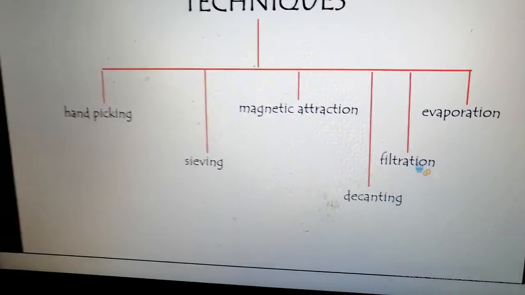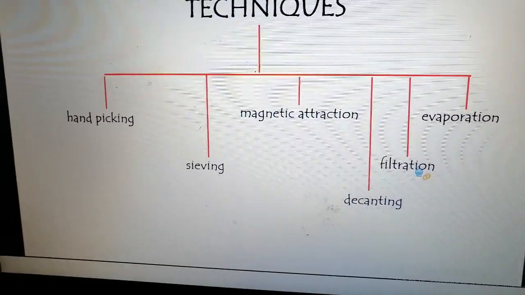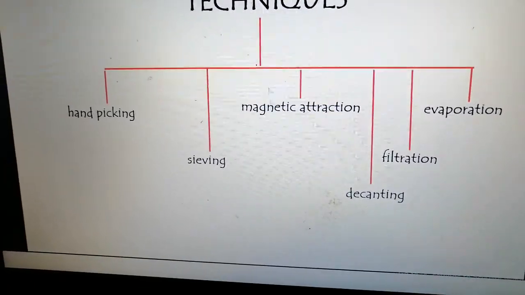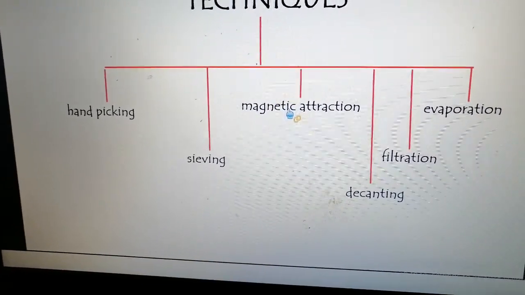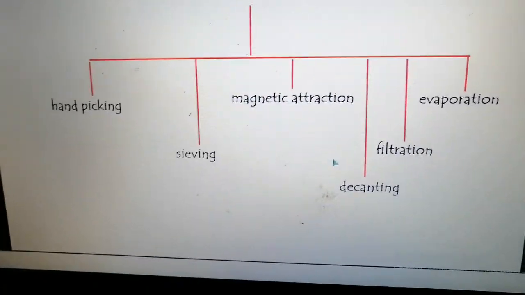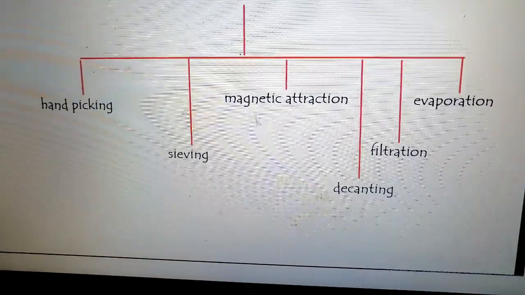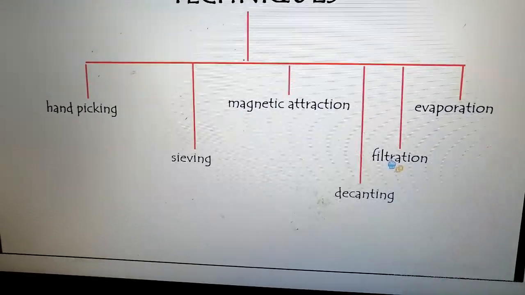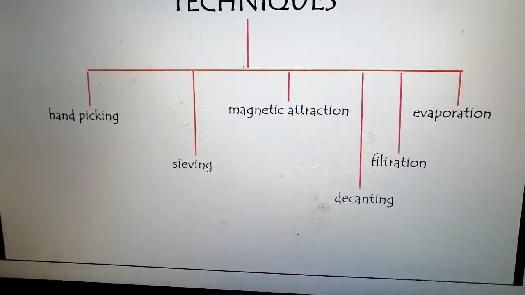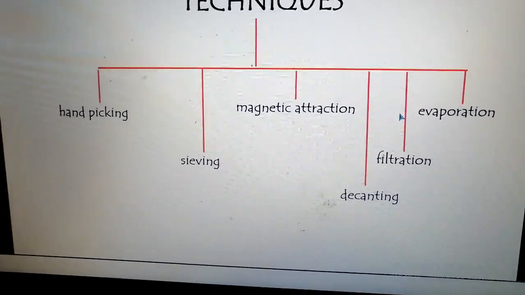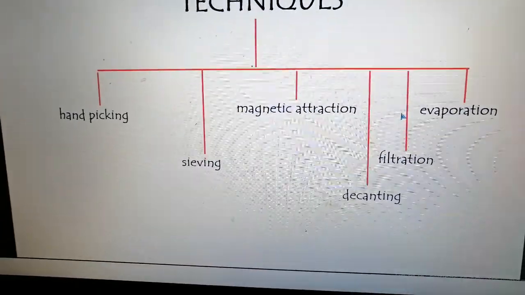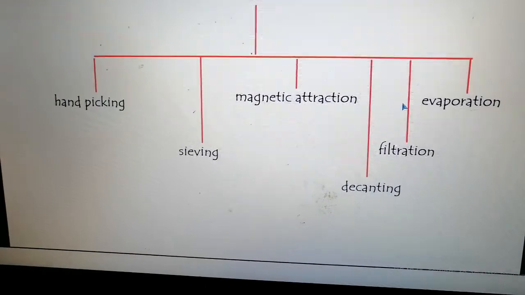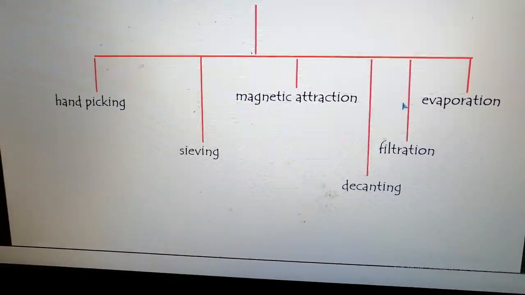In the first part I explained about magnetic attraction and decanting, so make sure you understand those techniques. After this I will explain how two or more techniques are combined.